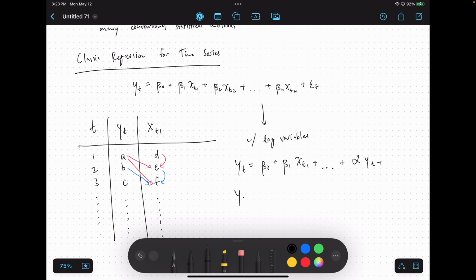Because y t minus 1 is equal to, let's use a different symbol, delta 0, or wait, gamma x t minus 1, or t1 minus 1.